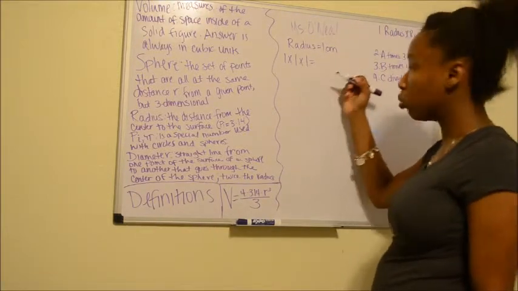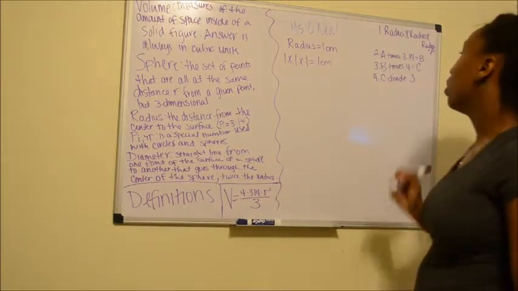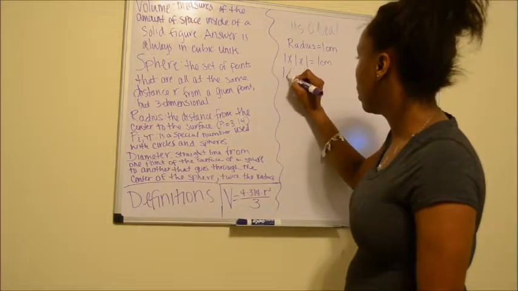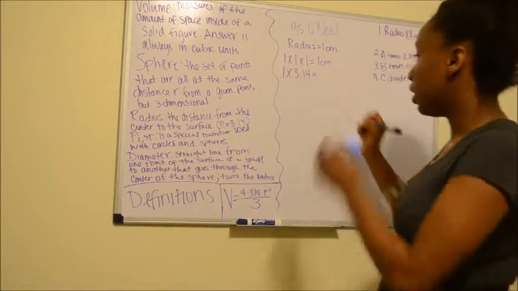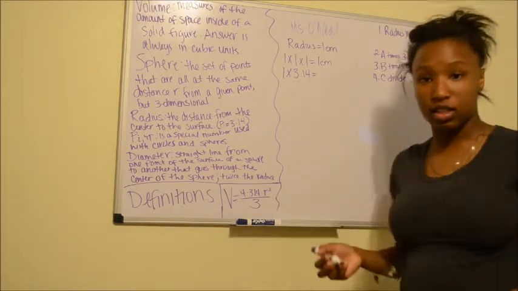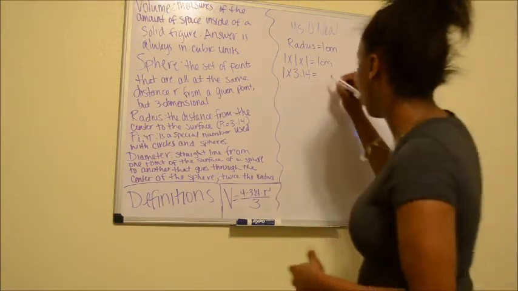Times 1 is 1. So it'll be 1 centimeter. Then we'll go to the next step, which would be times 3.14. So we'll do 1 times 3.14. Anything that is multiplied by 1 is its own number. So 3.14 times 1 will be 3.14.